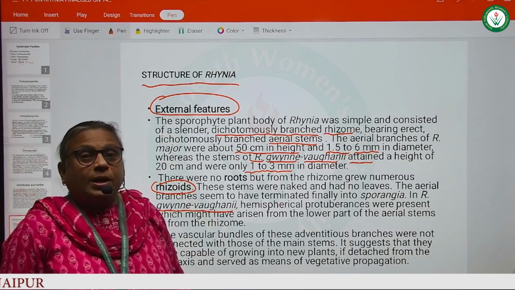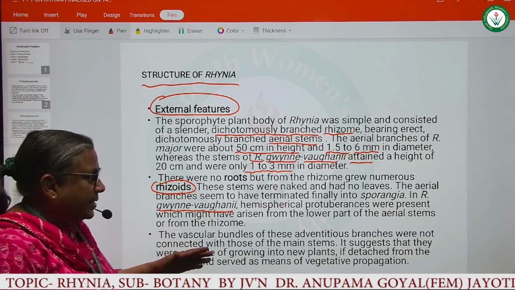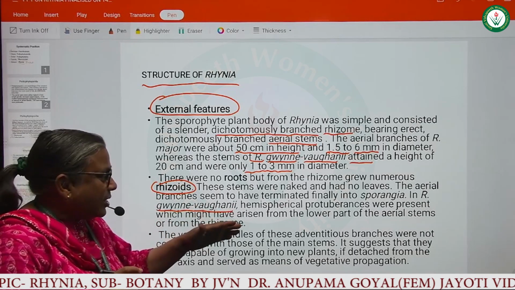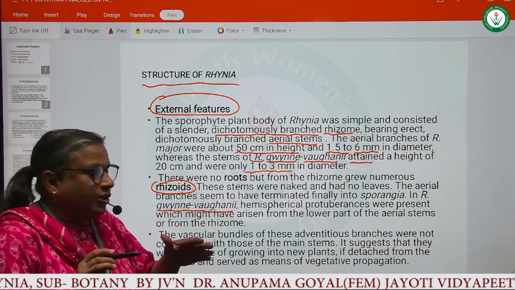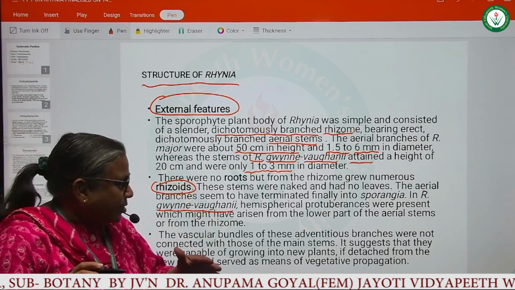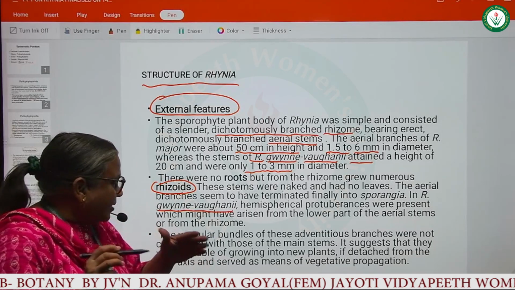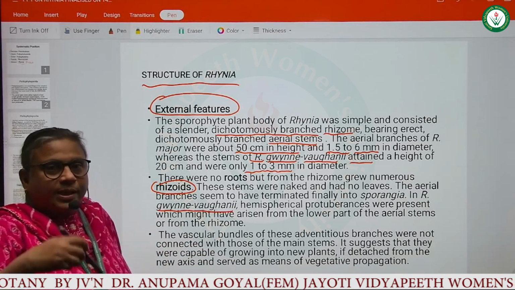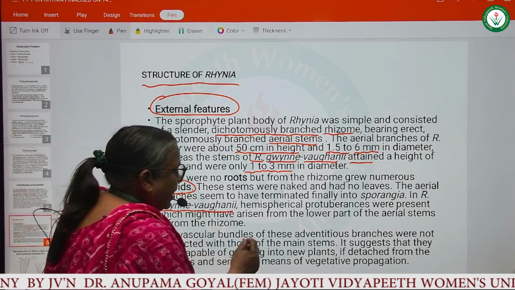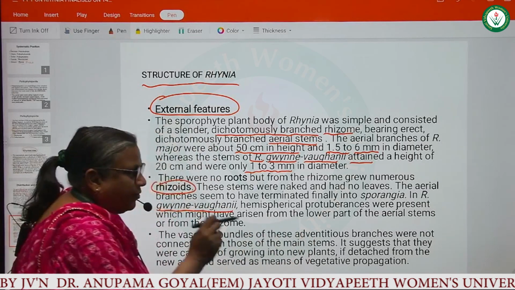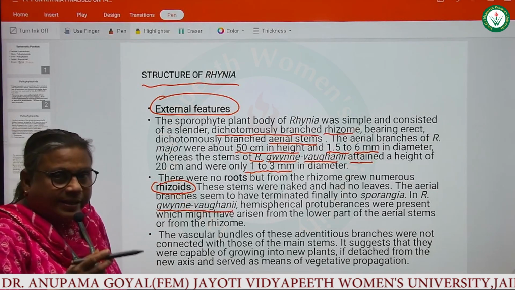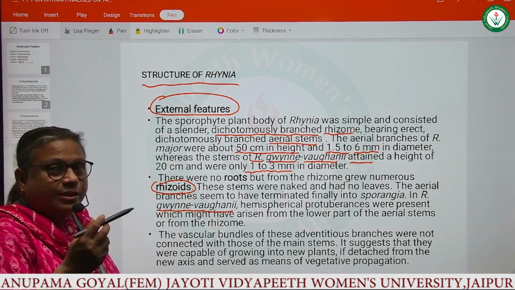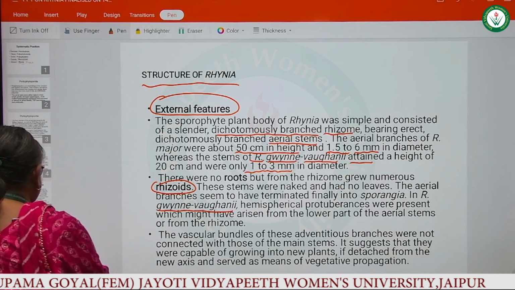The vascular bundles of these adventitious branches were not connected with those of the main stems. It suggests that they were capable of growing into new plants if detached from the main axis, and they served as a means of vegetative propagation.